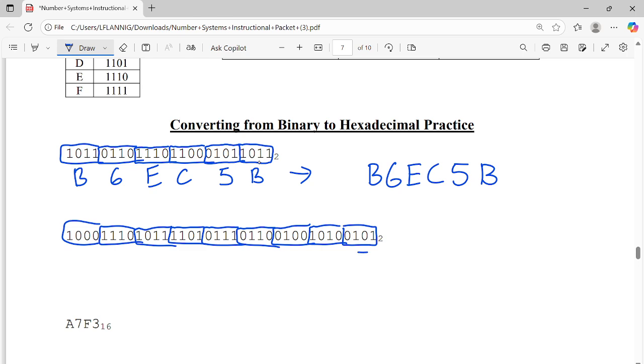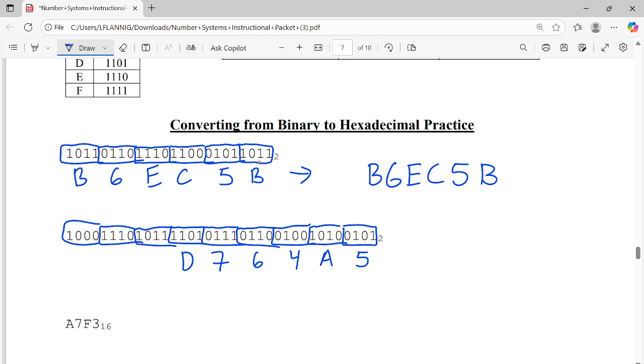Okay, let us keep going. 0101, that is 5. 1010, that's 10, or A. Then we have 0100, that is 4. 110, that is 6. 111 is 7. 1101, that one is 13, or D. Okay.